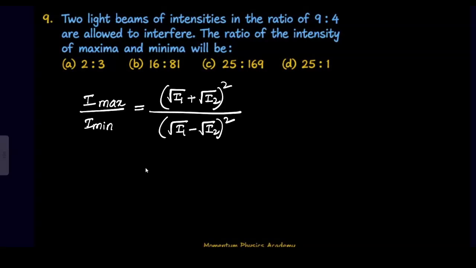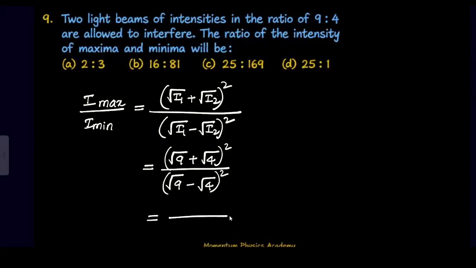Since it's directly a ratio, we can take I1 as 9, I2 as 4. So this is root 9 plus root 4 whole square by root 9 minus root 4 whole square.